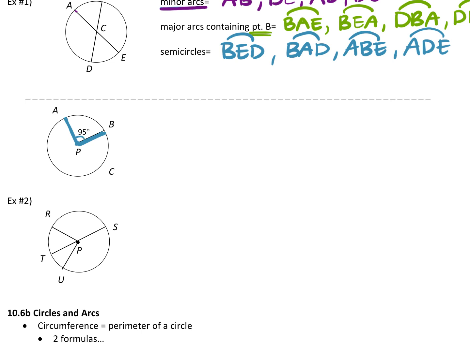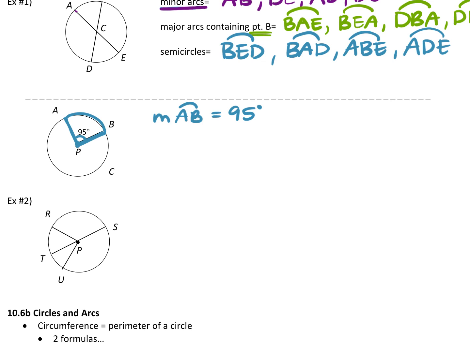And this angle is 95 degrees. Here's the deal. Any central angle, which is what this is, 95, will be the same measure as its arc. So the measure of arc AB is how many degrees? 95. Okay, so a central angle equals its arc.